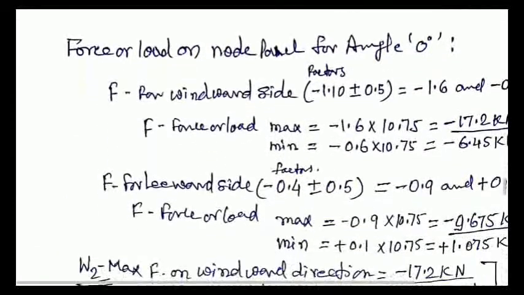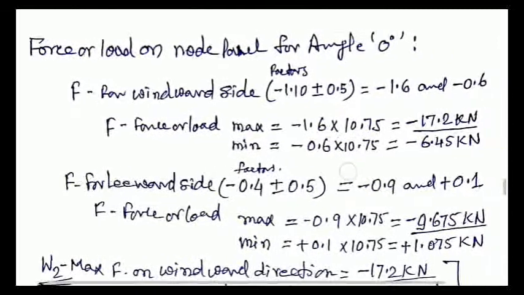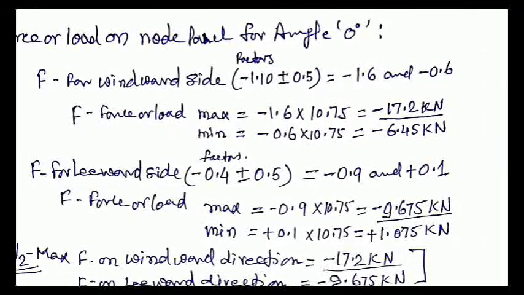Now the force load on a node panel for angle 0 degree. If the angle of inclination of the truss is 0, then we have to find the factors and the force. For the windward side, it will be minus 1.10 plus minus 0.5. For the minimum, it will be deducted, and for the maximum it will be added.